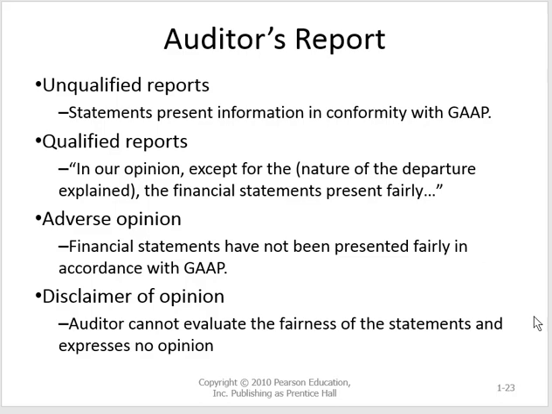A qualified report would say, we think the statements are in conformity with the exception of, and then they will state why that information is not deemed as necessarily being in conformity. So if they find some peculiarities, you can still get a qualified report.